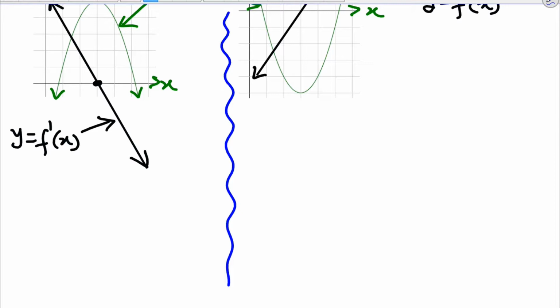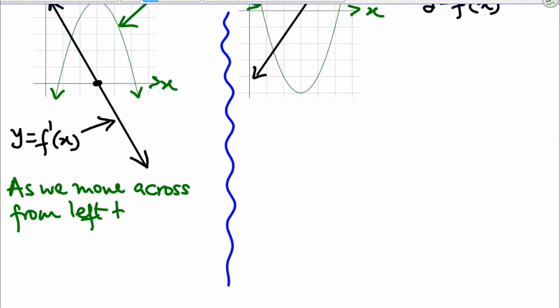So we can say that as we move across from left to right, the slope is decreasing.